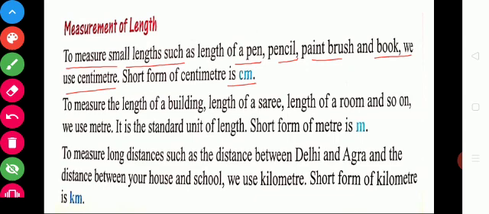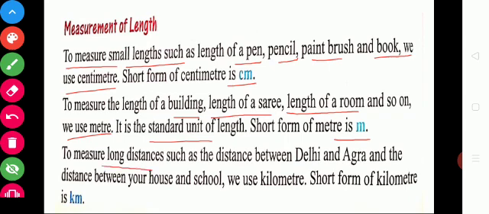To measure the bigger units, what examples are given? Building, length of your saree, length of your room. So we use meter. The short form of meter is m. Meter is the standard unit of length. And then distance.